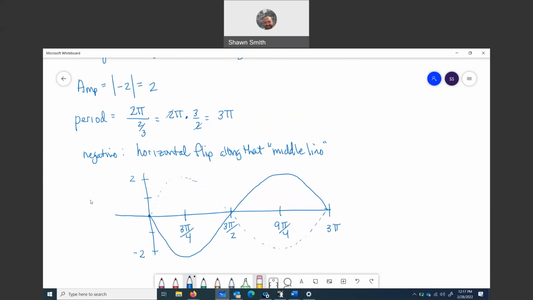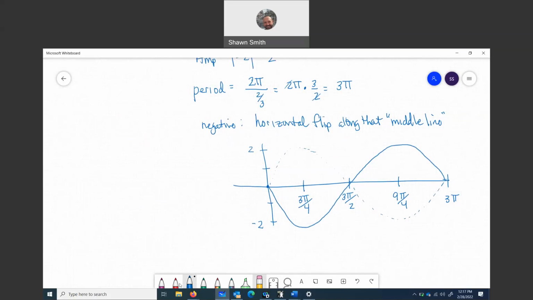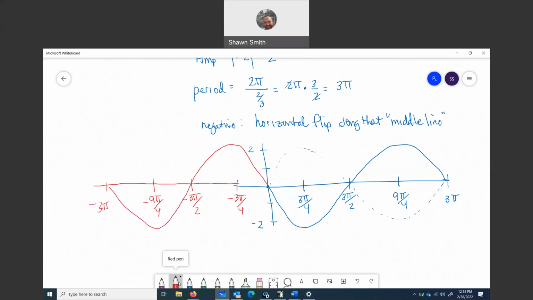So if you wanted to go over one more period, I would have -3 pi over 4, -3 pi over 2, -9 pi over 4, and -3 pi. I just continue on, high point, intercept, low point, back to an intercept.